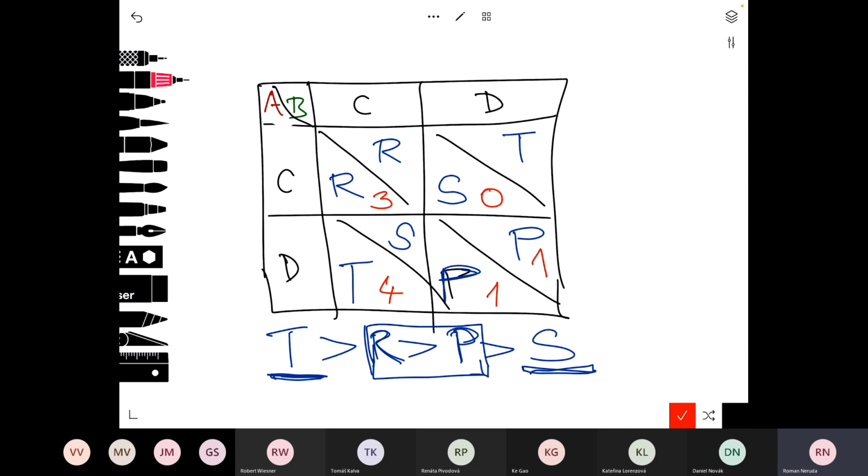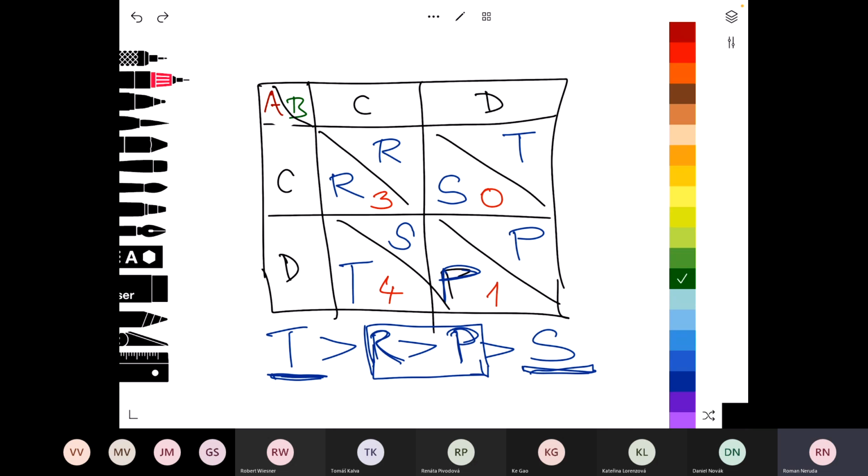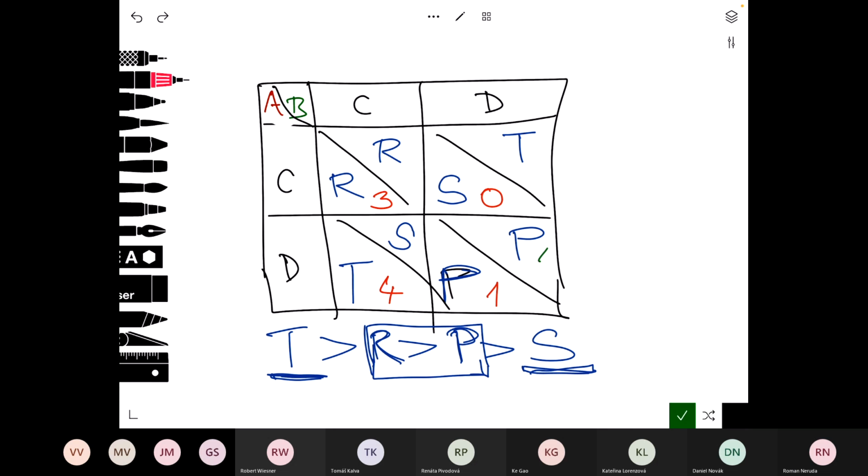P is 1, 4 is here, 3. Oh, no, no, sorry. It should be green. 1, 0, 4, 3. Right? Yeah.